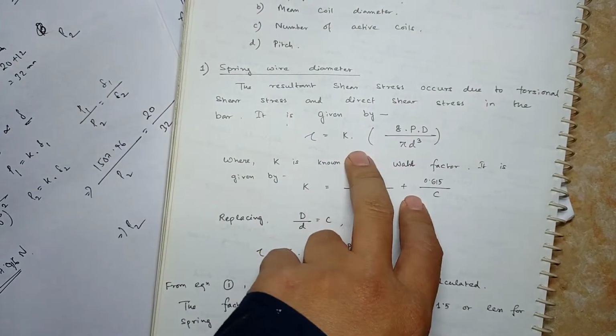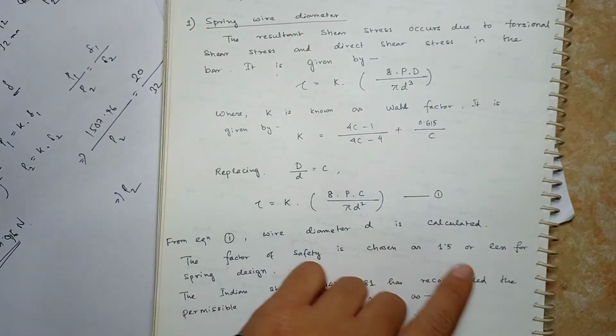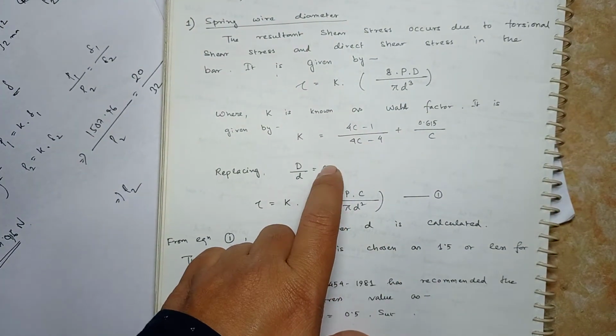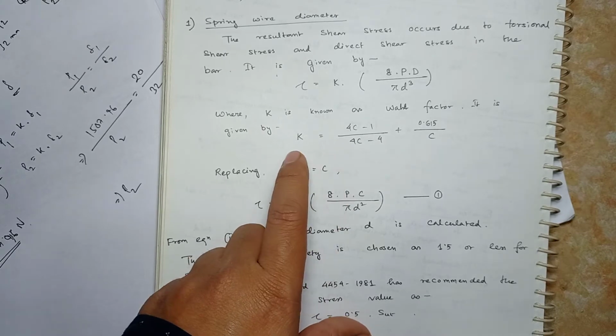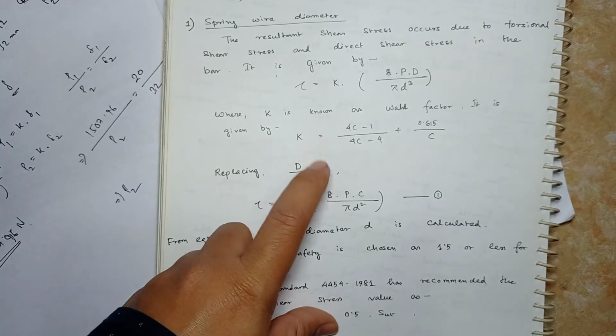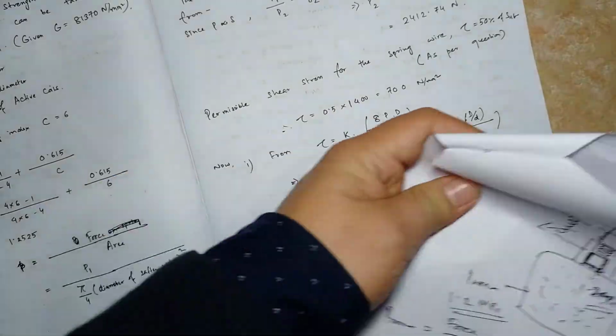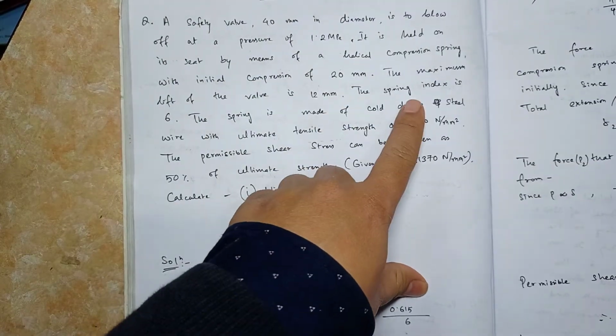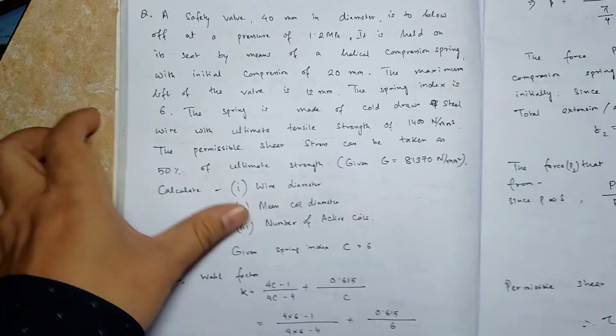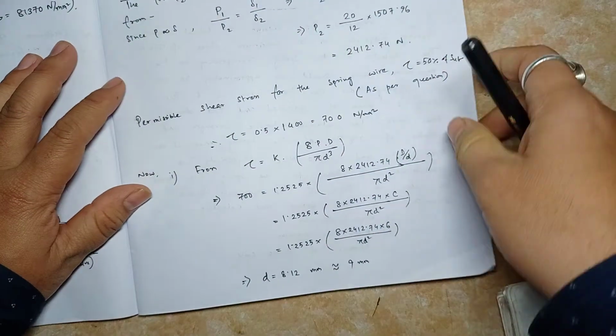Both are unknown right now. So there is a relation. Capital C is called the spring index, which is capital D by small d, and the spring index is actually given in the question. So in this case spring index is 6. You see, spring index is given as 6.